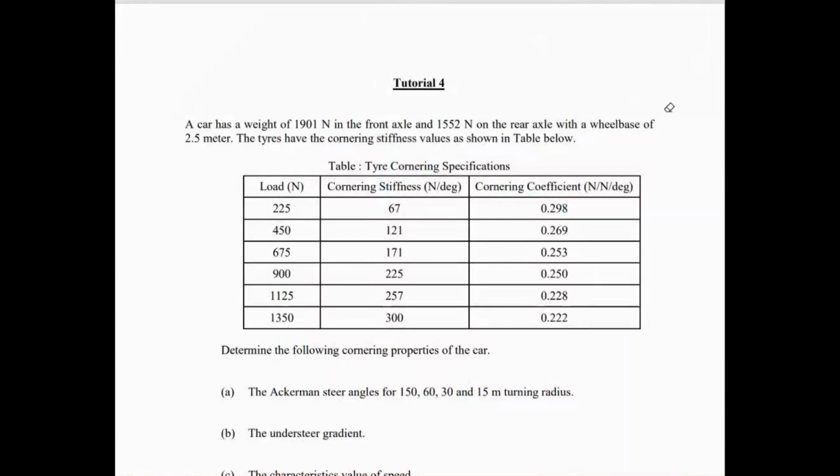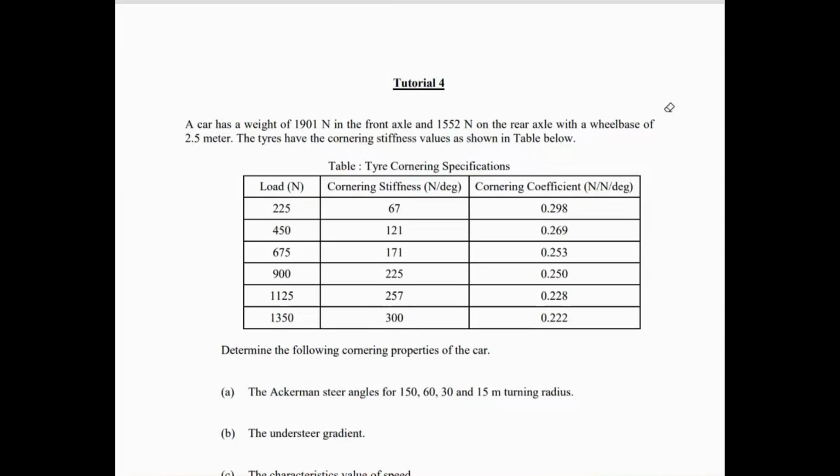Okay, the question is a car has a weight of 1901 Newton in the front axle and 1552 Newton on the rear axle with a wheelbase of 2.5 meter. And then this table shows the tire cornering stiffness values for respective loads.